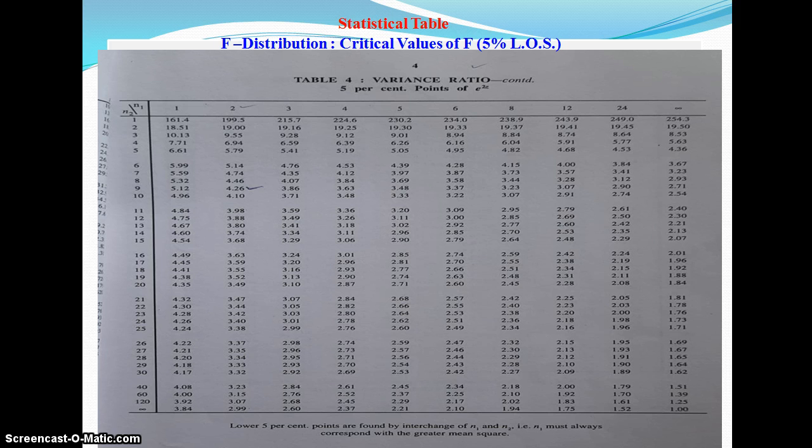In this table, these are the degrees of freedom for the denominator, and these are the degrees of freedom for the numerator. As per our ANOVA table, for 2 and 9, the value is 4.26.